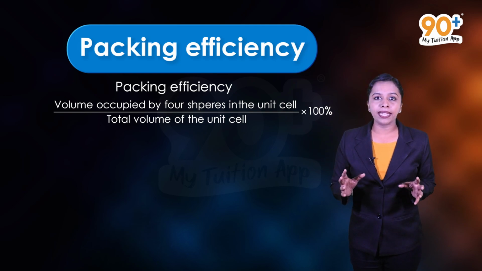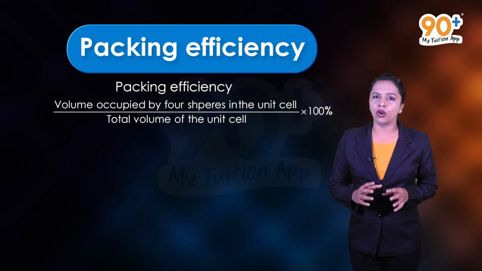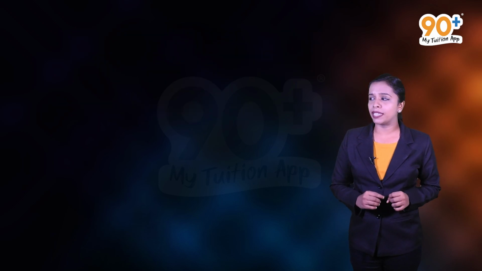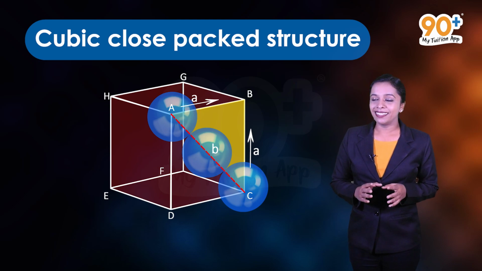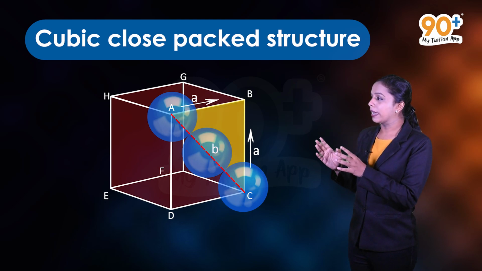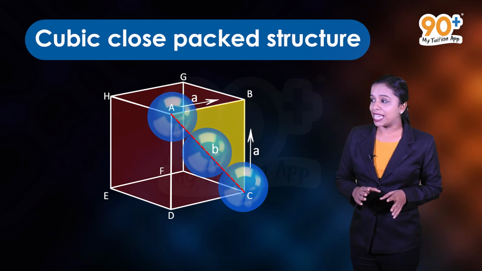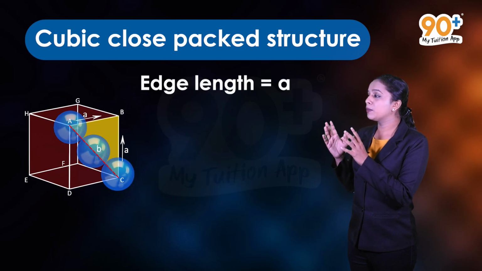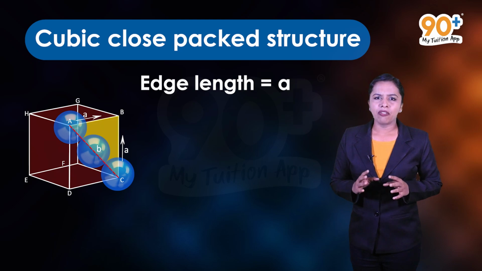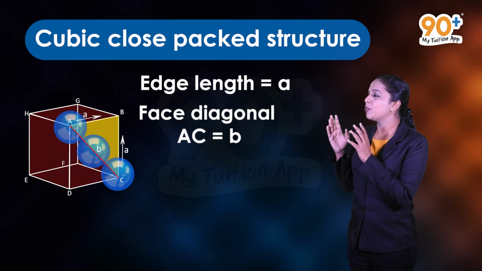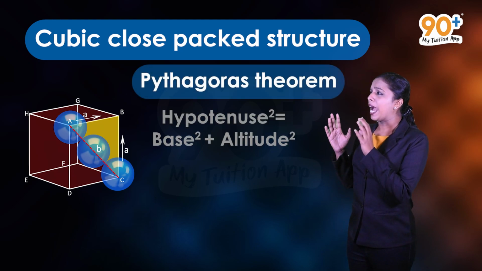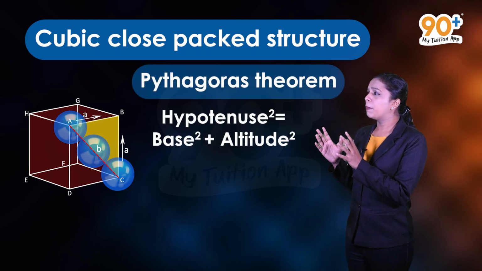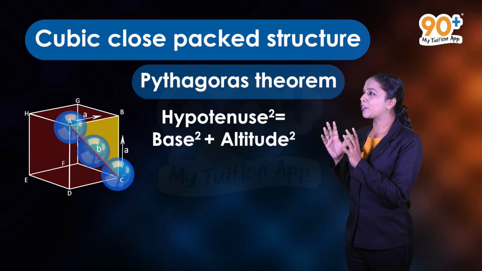Let us calculate the packing efficiency of different types of structures. So first, we will calculate the packing efficiency of cubic close packed structure. Here, let us consider the triangle ABC and let the unit cell edge length be a and face diagonal AC be equal to b. According to Pythagoras theorem, hypotenuse square is equal to base square plus altitude square.